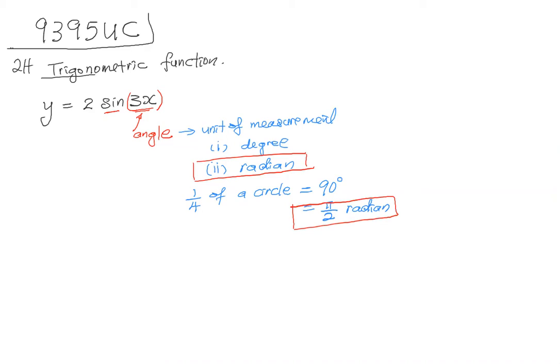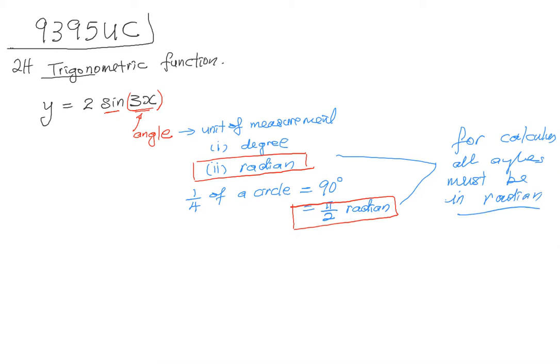So when you talk about differentiation, remember, for calculus, all angles must be in radian, whether for integration or differentiation. Now 90 degrees is equivalent to pi by 2.